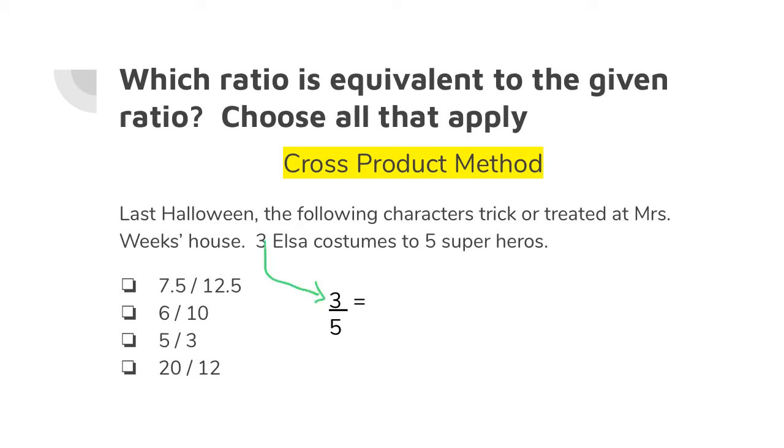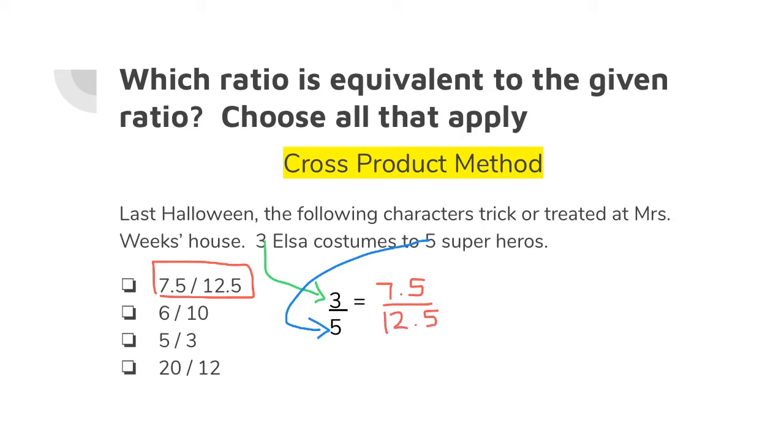We want to find all the ratios that are equivalent to 3 Elsa costumes and 5 superheroes. You're going to notice that I made my ratio 3 on top because Elsas were mentioned first, and 5 on the bottom for my superheroes. So we're going to try this first one right here. In order to see if these are equivalent, I'm going to set my ratio up right here, 7.5 over 12.5.